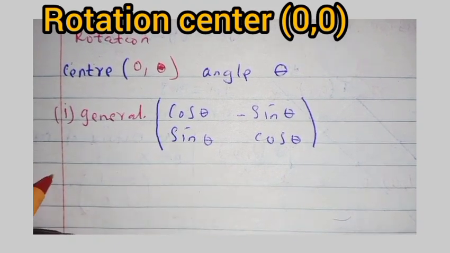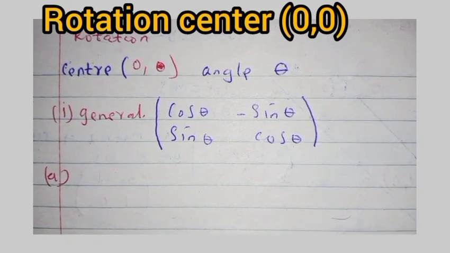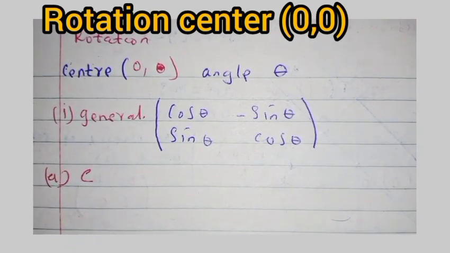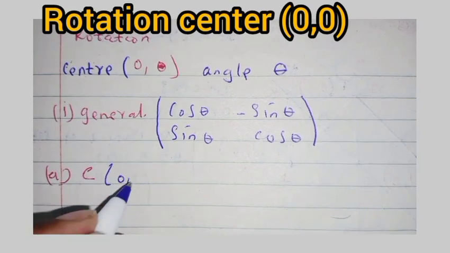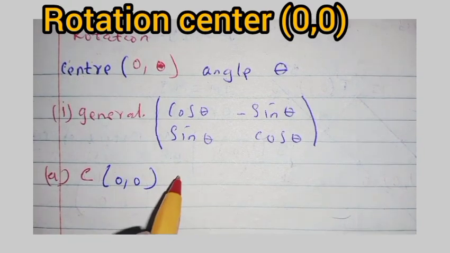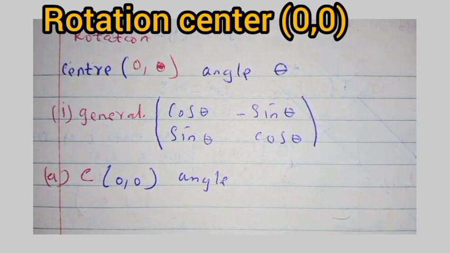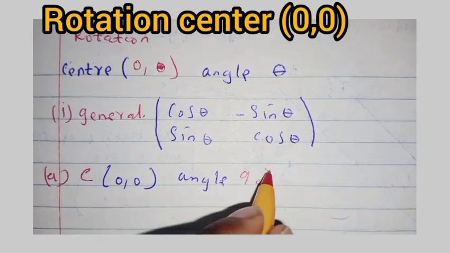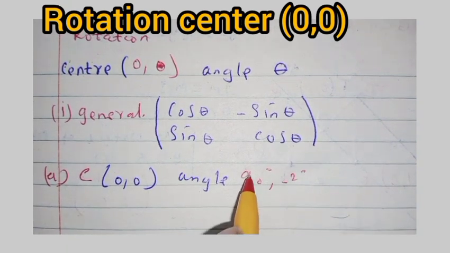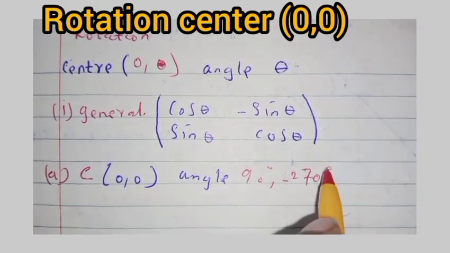So number A, we want to consider now the rotation center 0 0. C stands for center 0 0, and the angle of rotation is 90 degrees, which is the same as 90 degrees anti-clockwise, or 270 or negative 270 degrees.